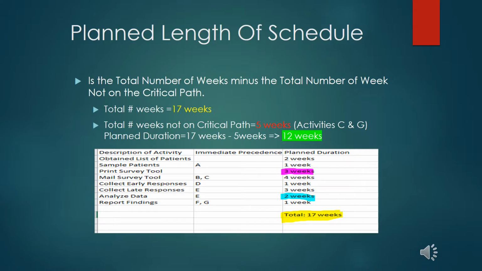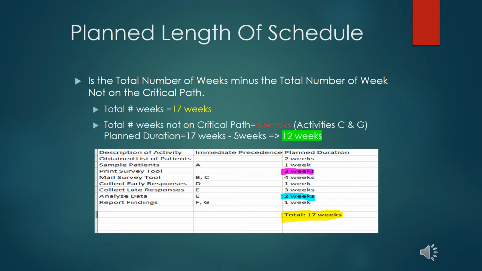One of the purposes of this assignment is to find the planned duration or the planned length of schedule. To find this, we add the total number of weeks on the column of the planned duration and subtract the total number of weeks not on the critical path.